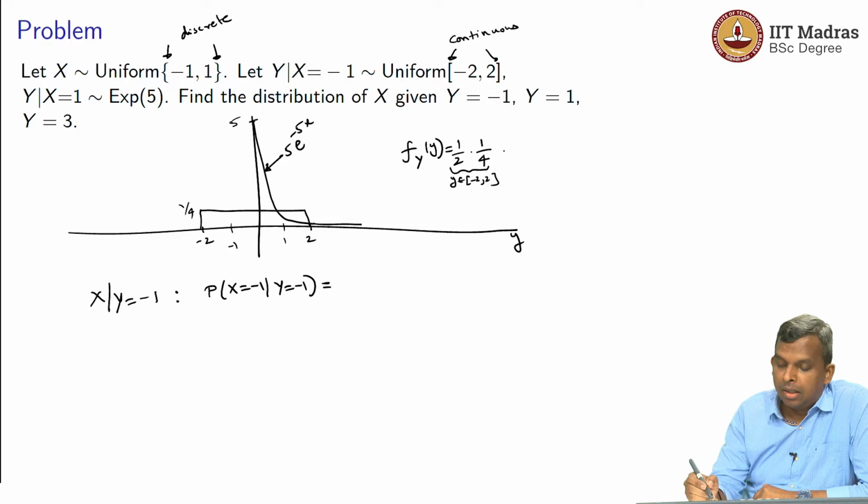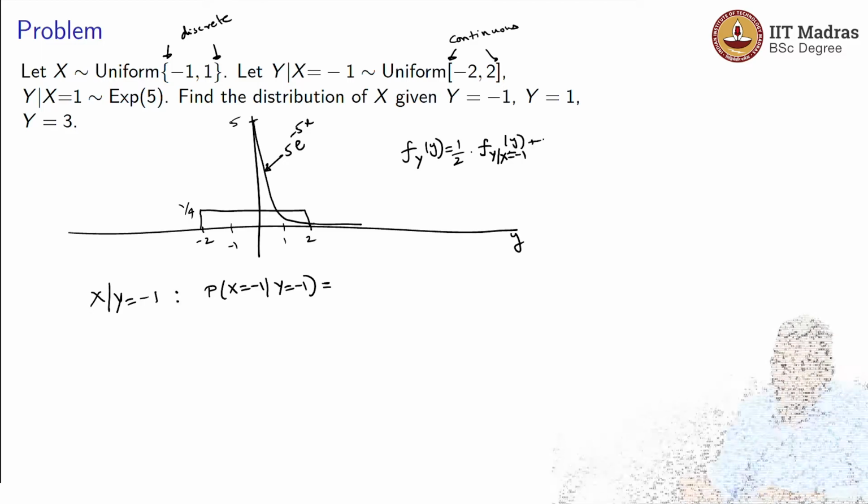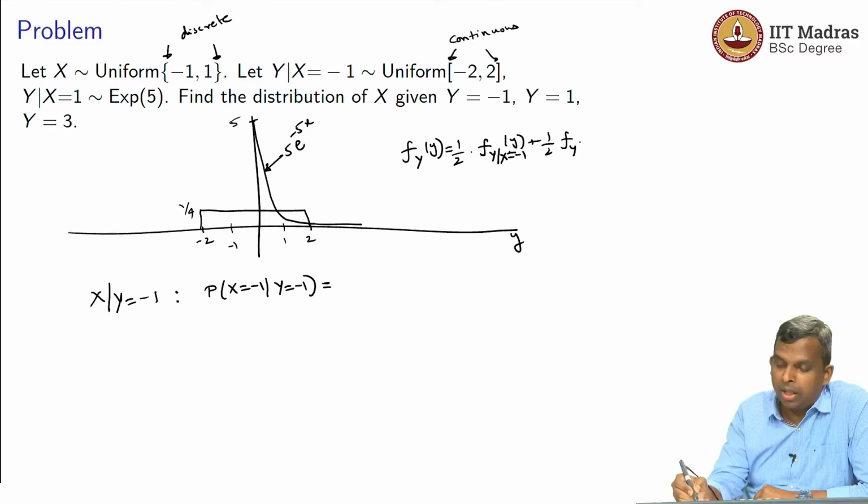Okay, and then plus, you have probability. So this kind of thing is a bit difficult to write down. So let me write down the formula first, and then we'll write it out. f_{Y|X=-1}(y) plus half f_{Y|X=+1}(y).